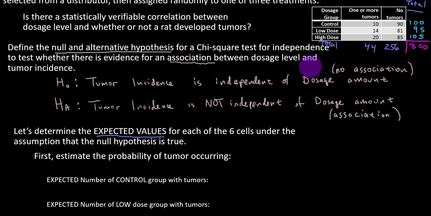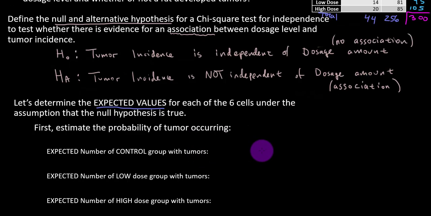And then we'll do the expected number of rats to obtain no tumors if these two variables are not associated. So there are actually 6 expected values that need to be determined, and we'll do 3 at first, and then we'll do 3 more. You'll see why.